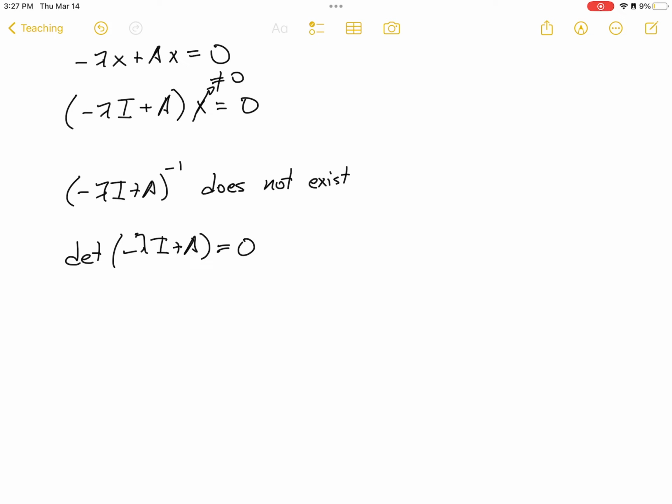So we are going to do an example of this. We're going to say that A is equal to the matrix 0, 1, minus 2, minus 3. And we want to identify the eigenvalues and eventually the eigenvectors associated with those eigenvalues. And so first we need to find the determinant of lambda I minus A equals 0.